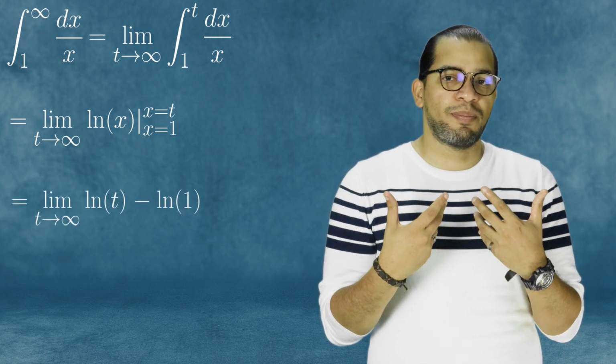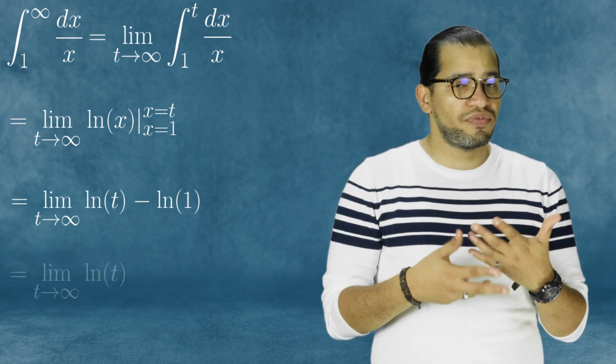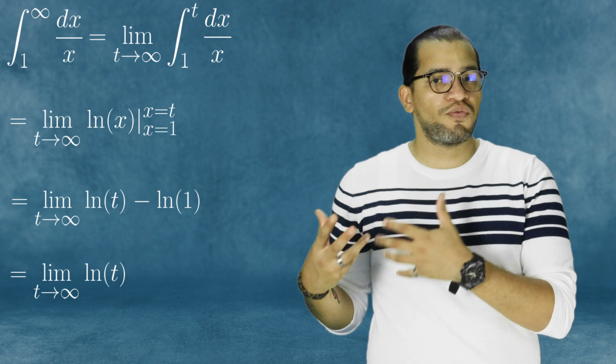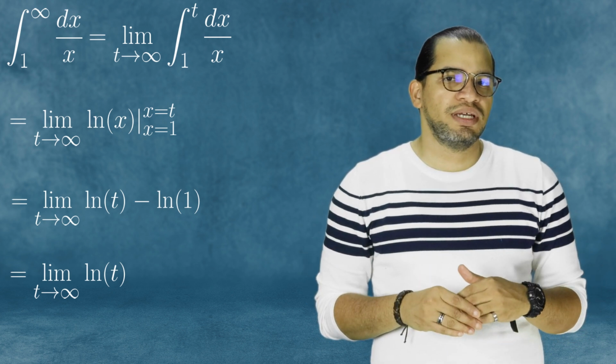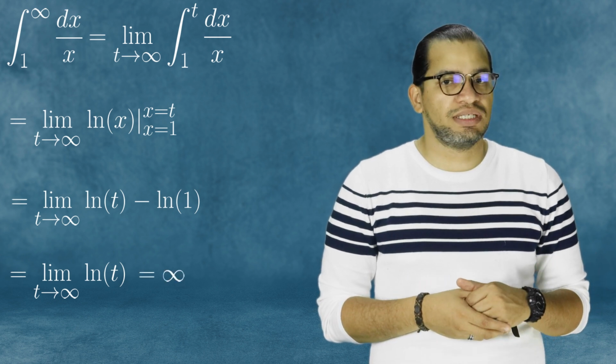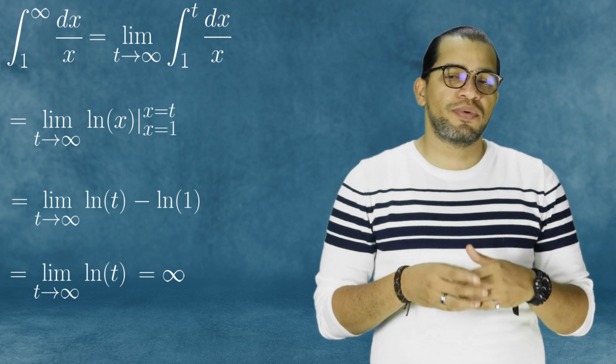And if we apply the substitution, we will get ln of infinity minus ln of 1. ln of 1 is equal to 0, so no problem there, but ln of infinity is equal to infinity. Therefore, this improper integral diverges.